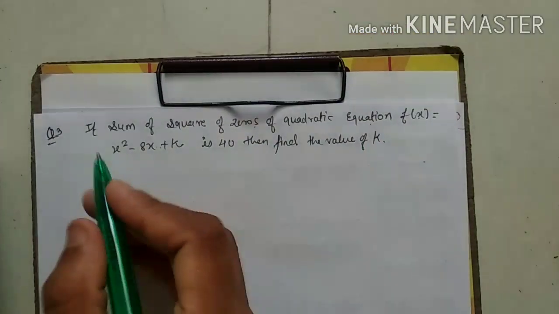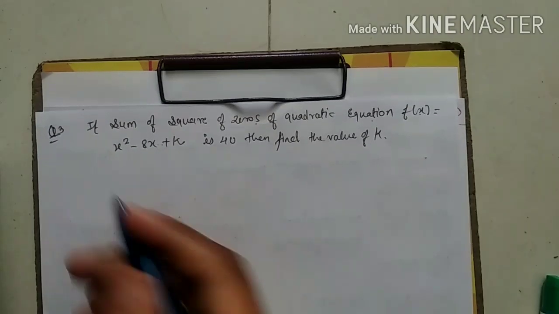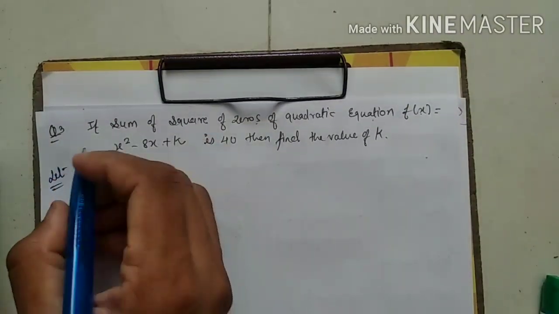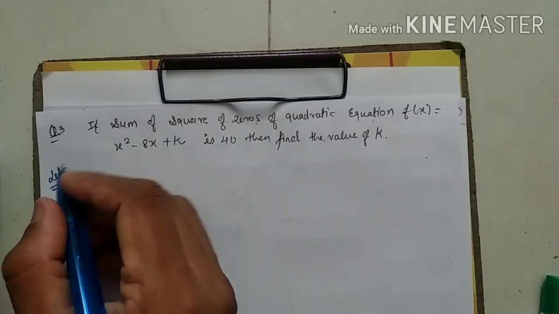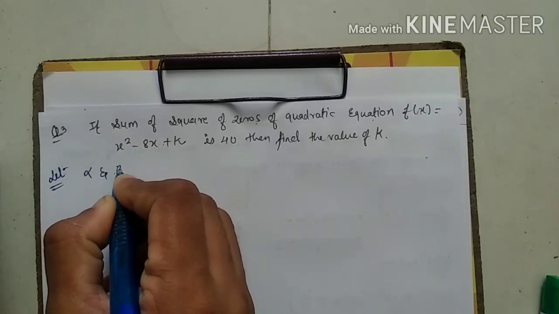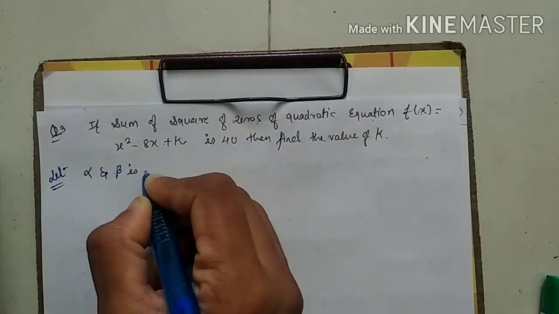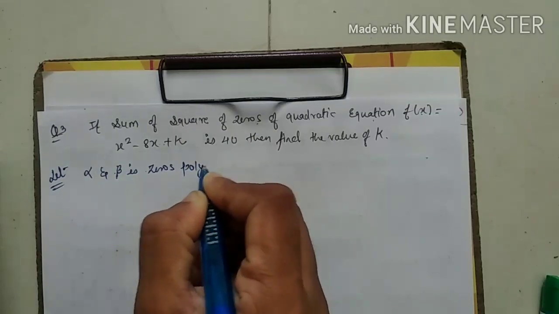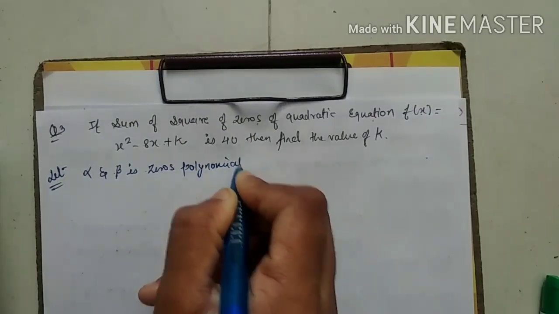Just understand. First of all, you have to assume something. So I am assuming, let alpha and beta be the zeros of the polynomial. Correct? Is it clear?